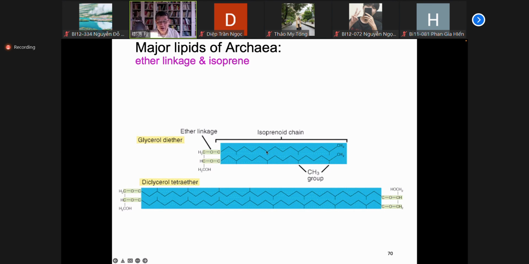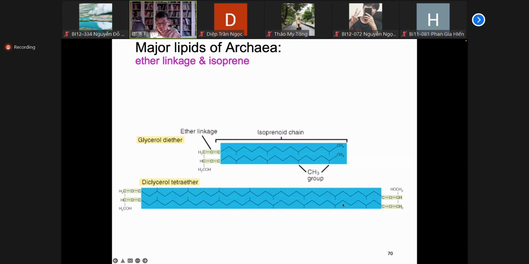So this is called the diglycerol tetraether. It is not a two-layered membrane. It's a single leaf. The plasma membrane is one leaf only, instead of two leaves.